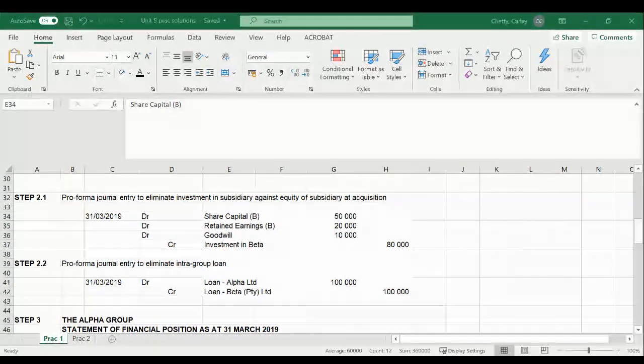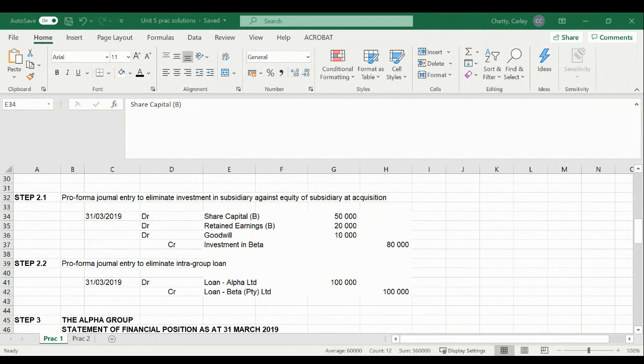In the separate financial statements, it is okay for Alpha to show the investment in Beta. And in Beta's separate financial statements, for just itself, it will show its share capital and its retained earnings.